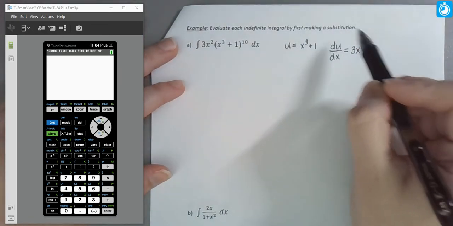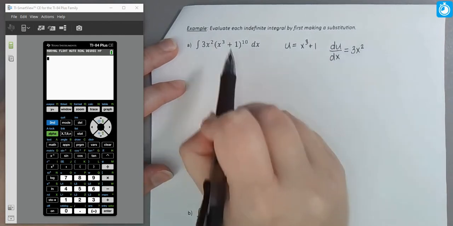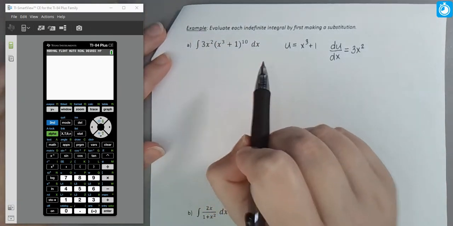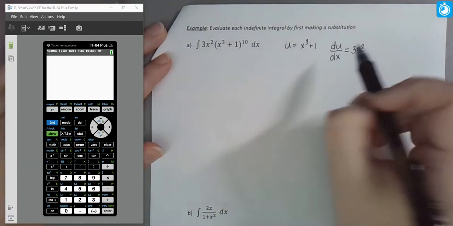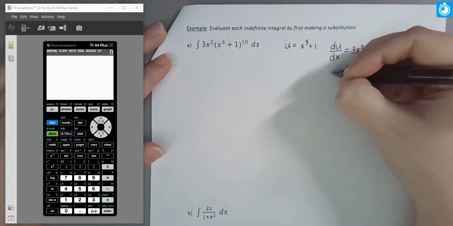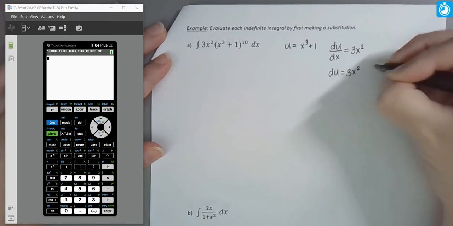Okay, so based on this, I now want to solve for the individual differentials. We don't see du dx here, we see just dx, and then potentially just du. So if I want to solve for du, I'm going to move dx over. So I have du is equal to 3x squared dx.